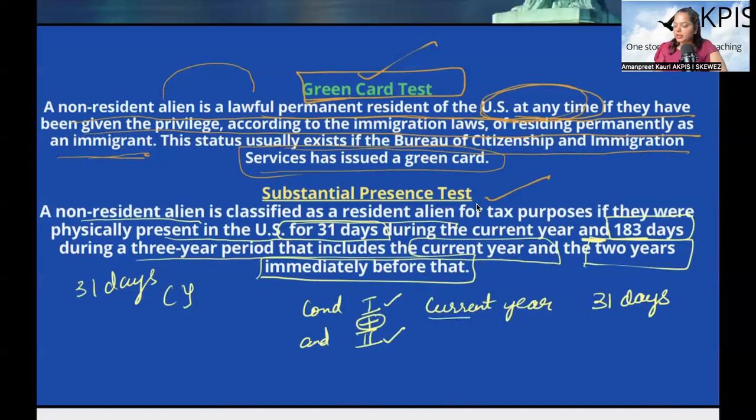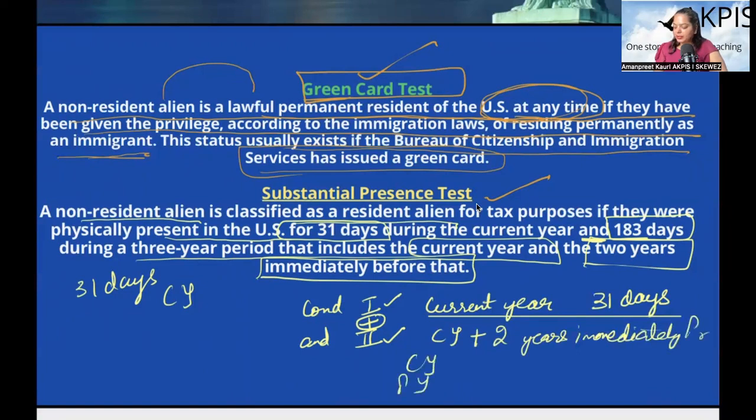So if you are there in the current year for 31 days, and for the current year plus your 2 years immediately preceding, that means the current year, the previous year, then again the year previous to that, you are there in the United States of America for at least 183 days. That means you are there in the current year for 31 days, and at the same time, over the current year plus the 2 preceding years, you are there for 183 days.